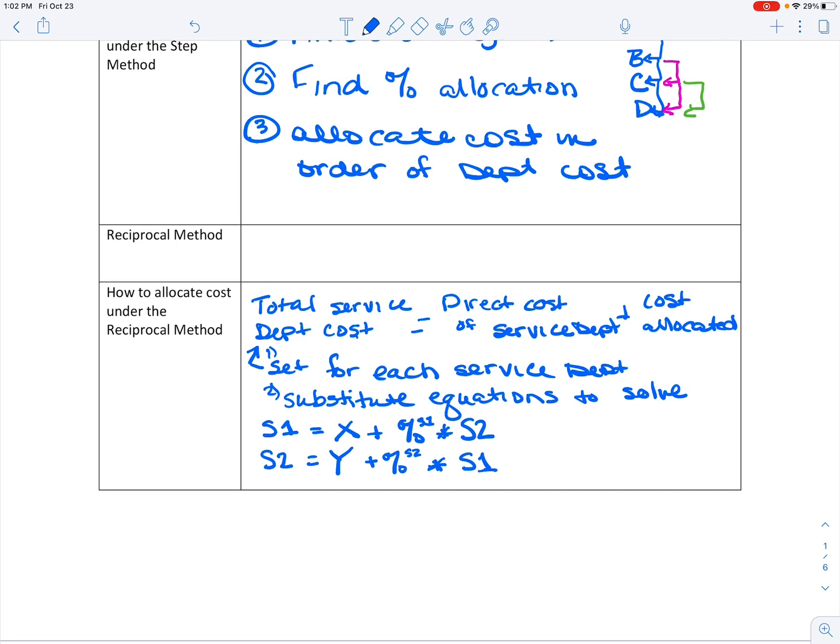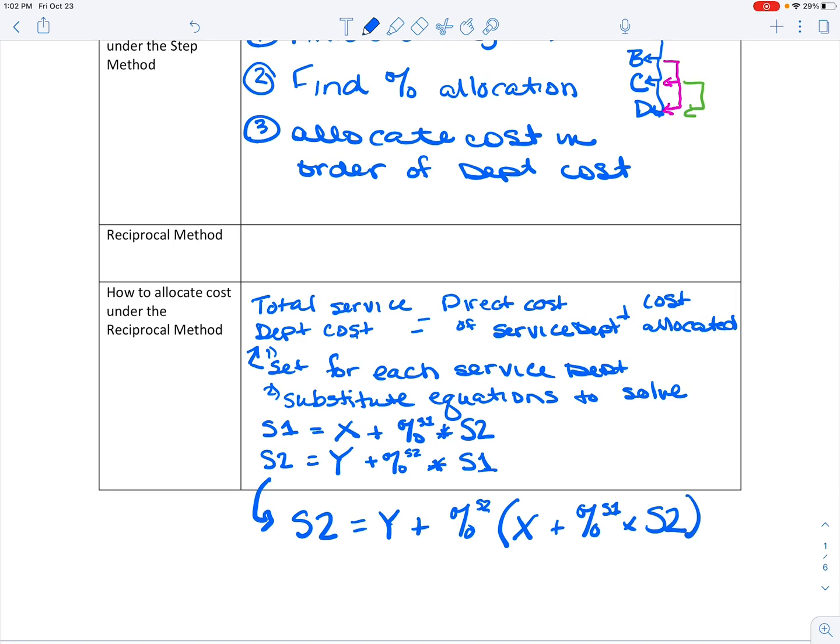So let me write this down here. Service department 2 is equal to Y plus this percentage that's given for service department 2 times X plus percentage from service department 1 times S2.